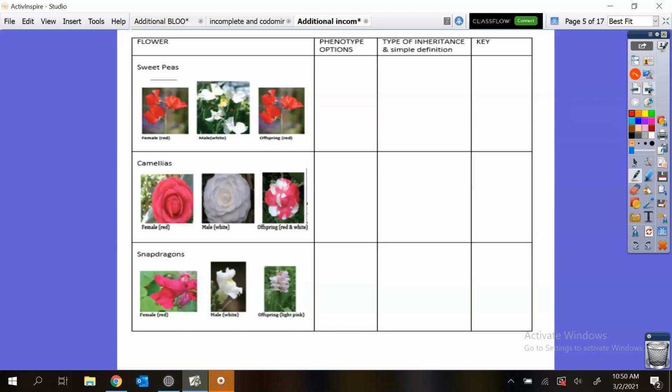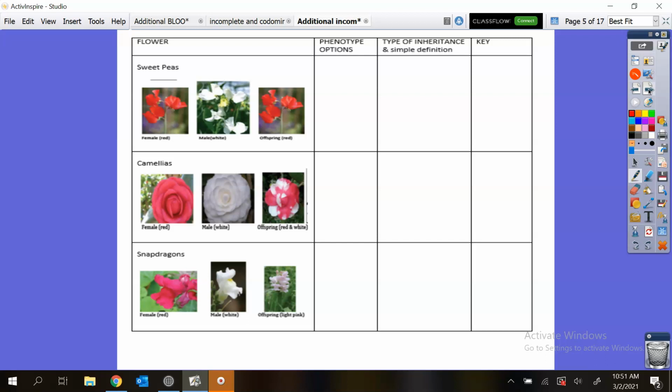Okay, so again, you might see these genotypes shown a little bit differently, but the interpretation is what matters. And I just want you to go with how I'm teaching you to write these genotypes, because that's the one you most often see.